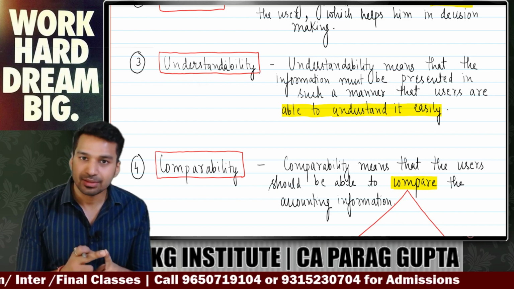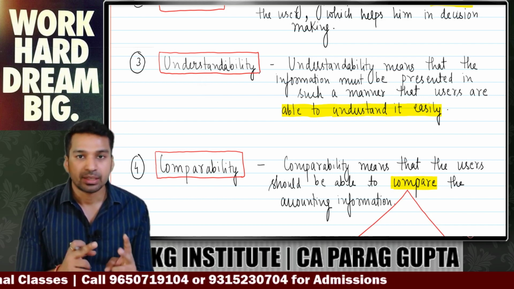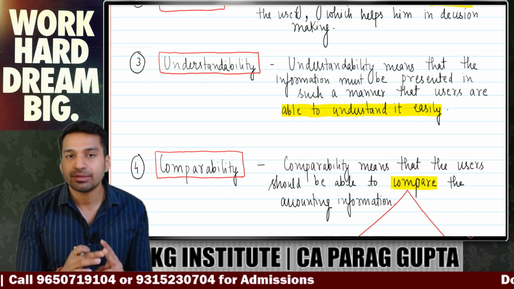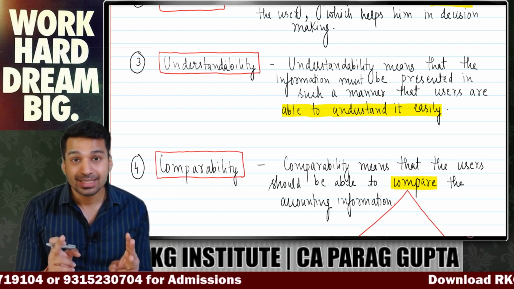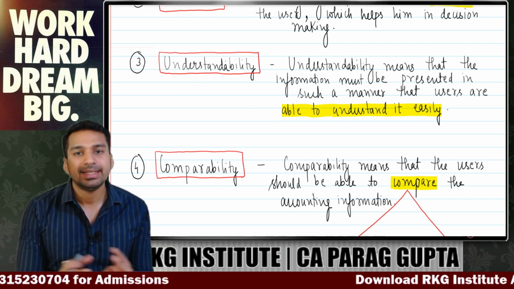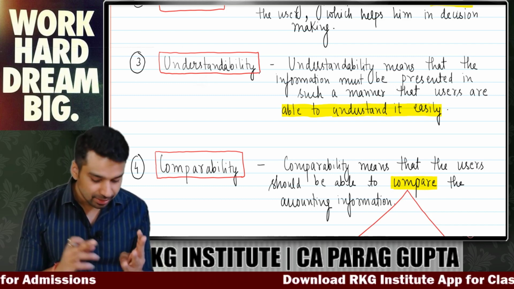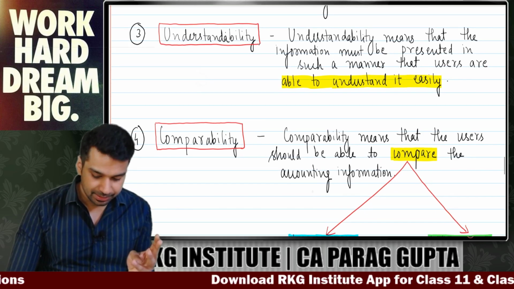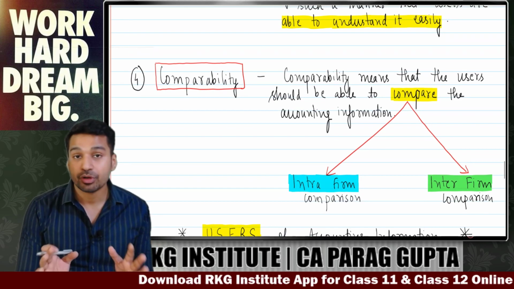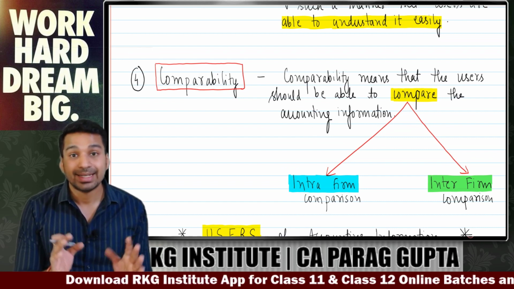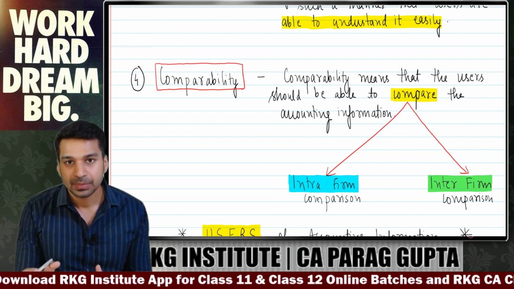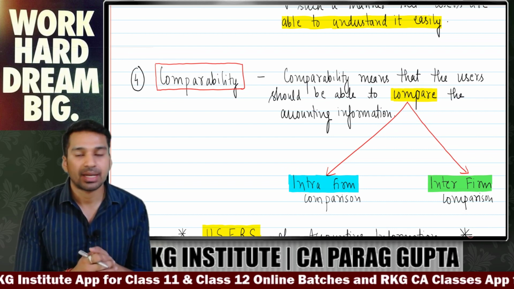So number 1 is reliability, you can trust upon. Number 2 is relevance, no unnecessary information. Number 3 is understandability, that is easily understandable to the user. And number 4 is comparability. See, the accounting information should be such that it can be compared. Now there are 2 types of comparison I would like to tell you here.